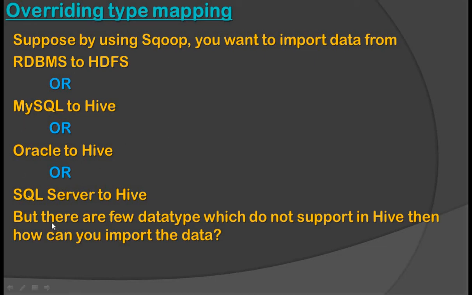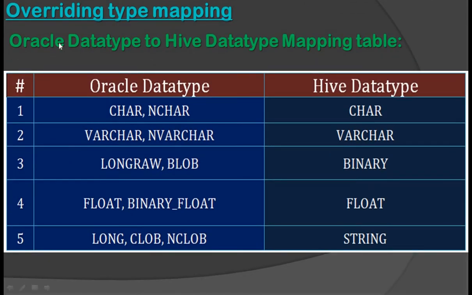As we know, there are a few data types which are not supported in Hive, so how can you import the data? We will see these things in today's session, and this is very interesting. So let's see these things.